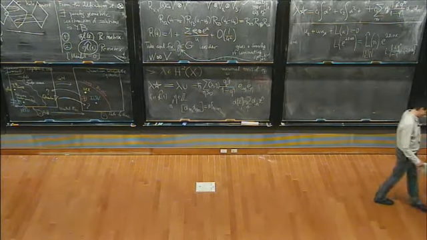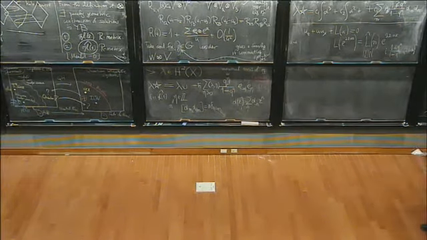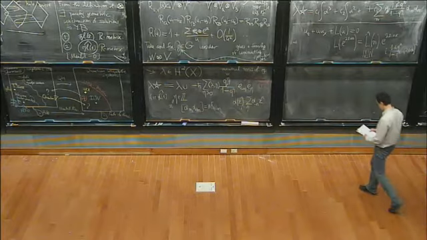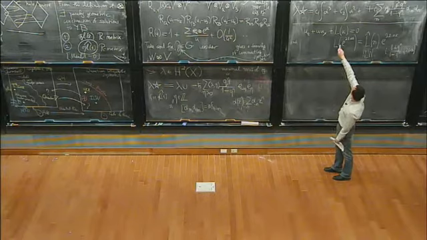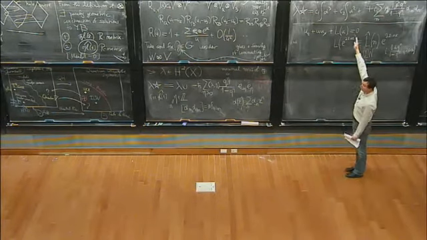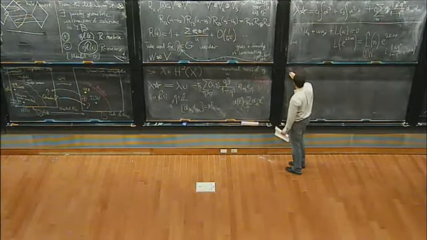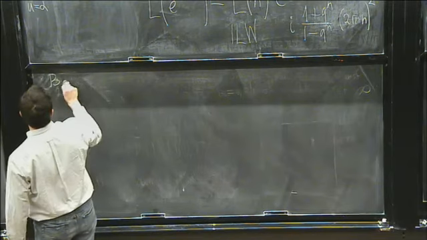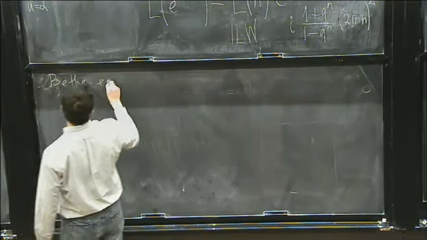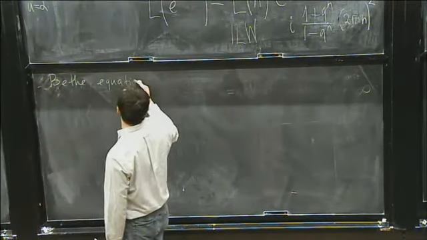Now I felt that it would be a good time to review it. So the statement would be the description of the spectrum of this operator, the Bethe ansatz, Bethe equation for the spectrum.